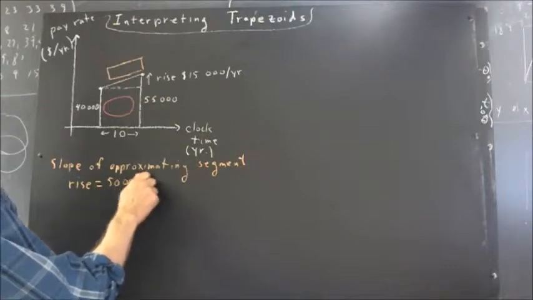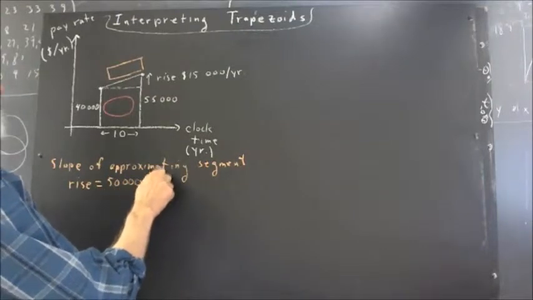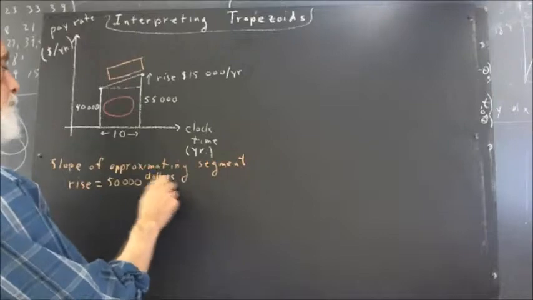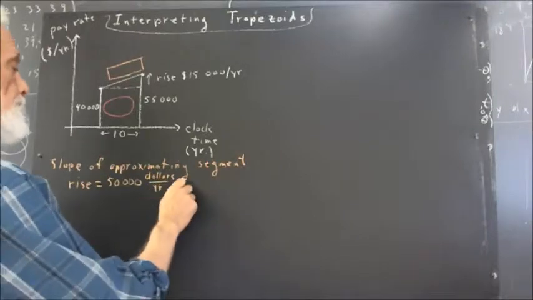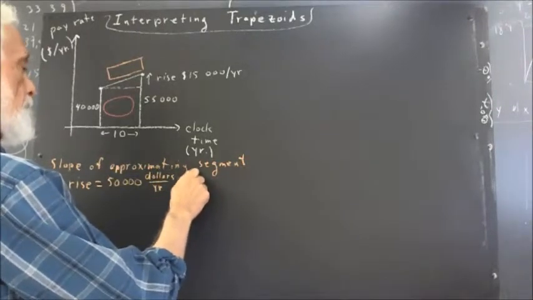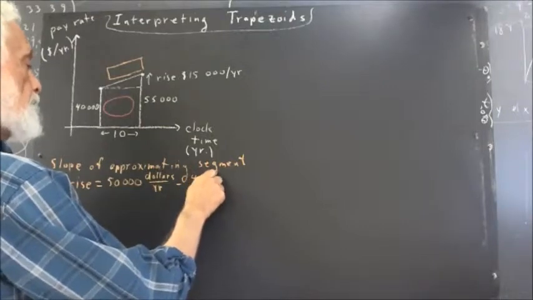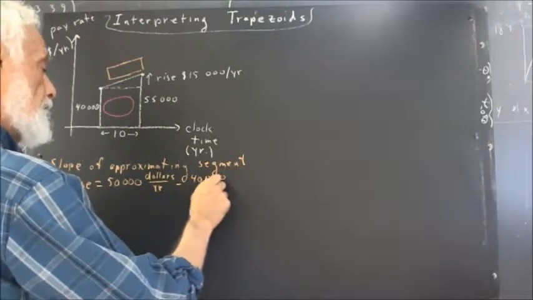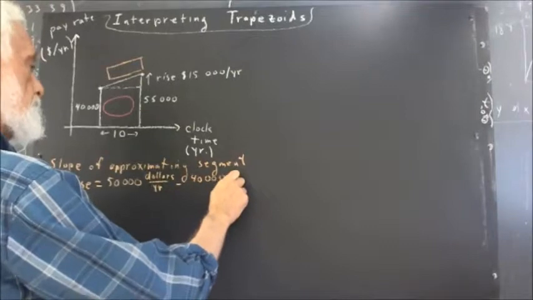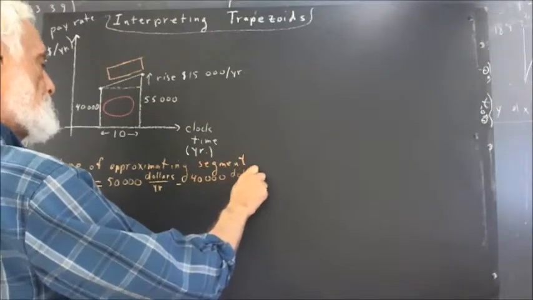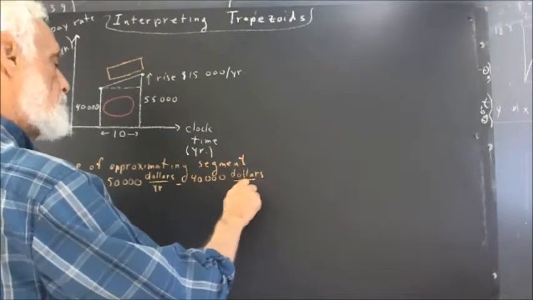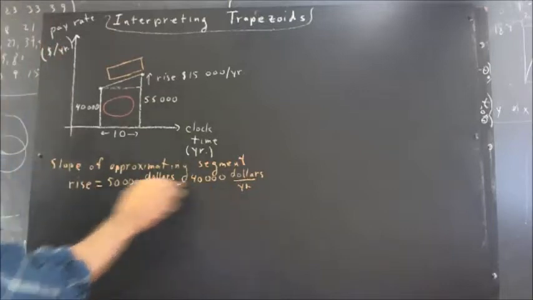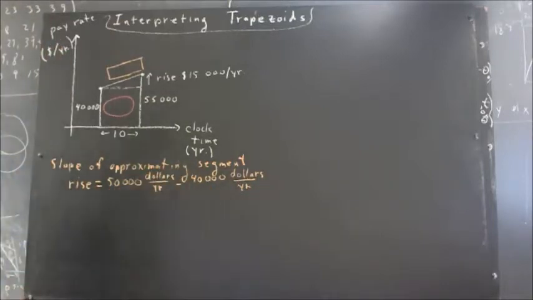So that's $50,000, and I'm going to write it out, dollars per year minus $40,000, and that's $55,000. I'll have to correct that. It's $55,000 per year minus $40,000 per year.